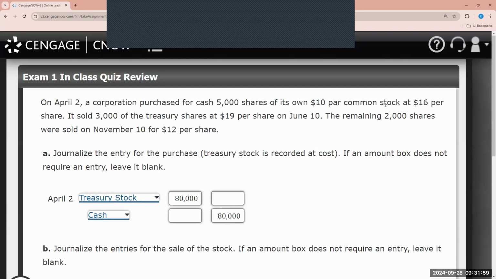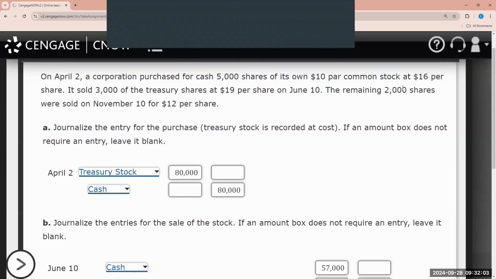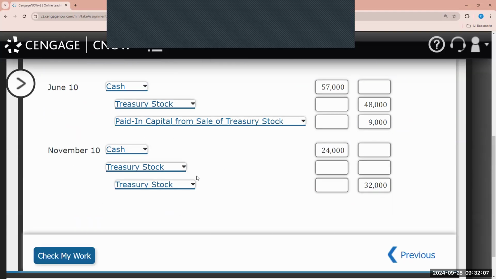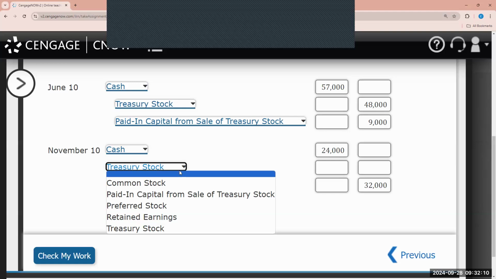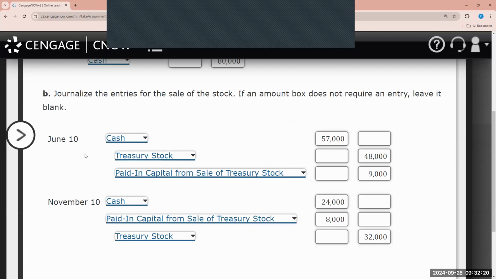And how do we determine that? We paid $16 for each, so 2,000 times 16 is 32,000. So therefore, the difference between the two, we have a loss in this case of 8,000. So in the scenario on June 10th, we had a gain, and then in the scenario on November 10th, we had a loss.